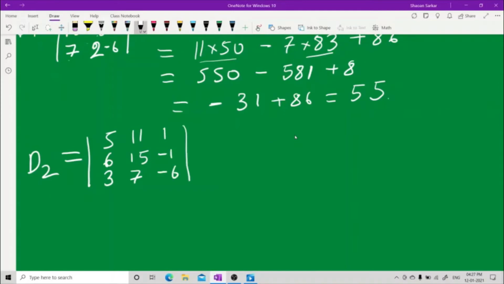Now again the same way, a plus, minus, and then a plus sign. Then you have to expand the determinant. 5, you hide the first column and the first row. You get minus 90 plus 7.